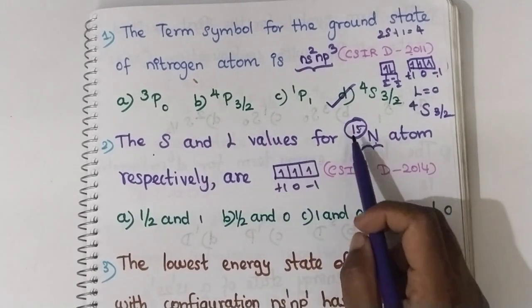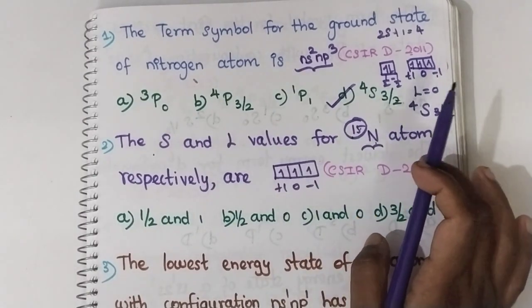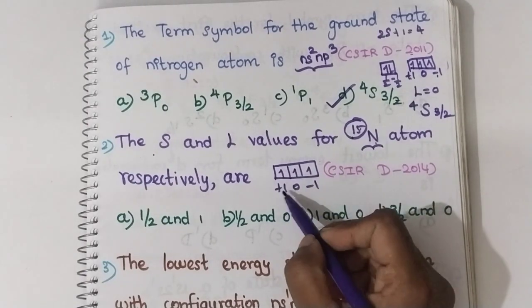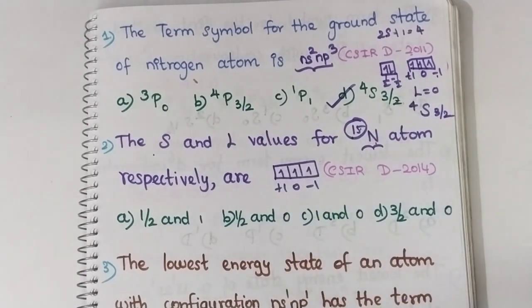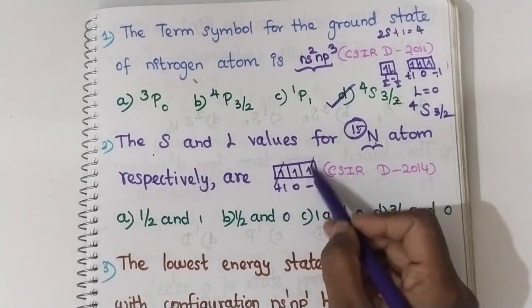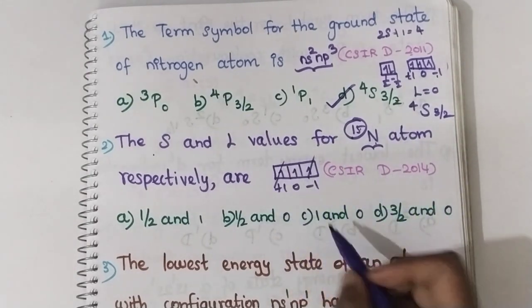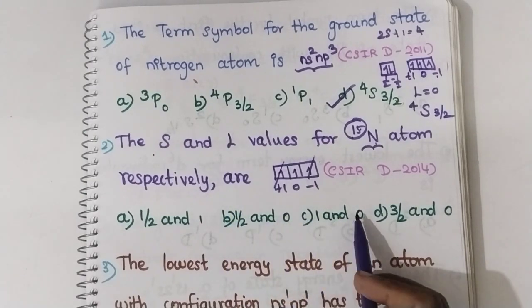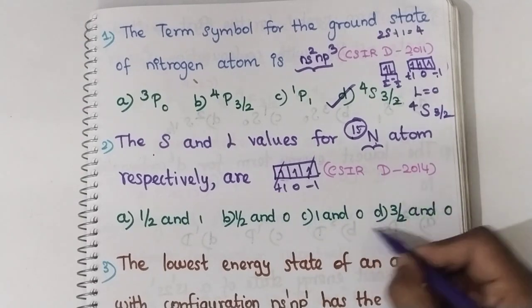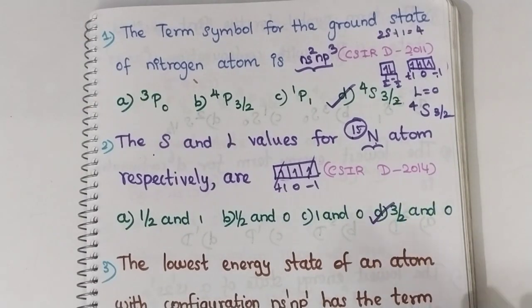If they have given 15 nitrogen, you should not get confused. For the p3 configuration we have already found that the L value will be 0 because plus 1 and minus 1 give 0, and for S you have 3 electrons, so 3 by 2. So 3 by 2 and 0. It is simple, right?